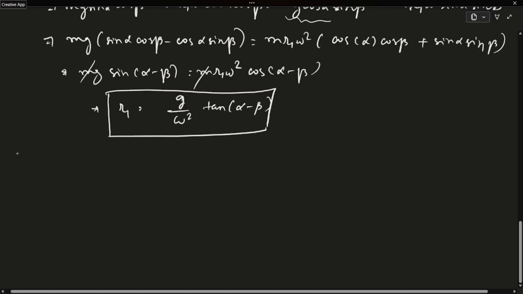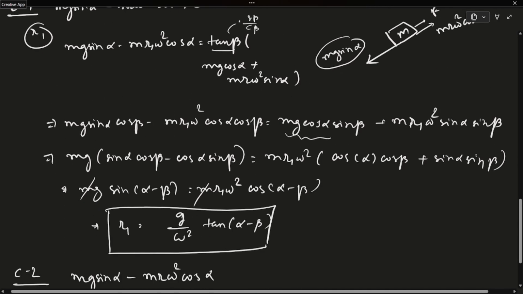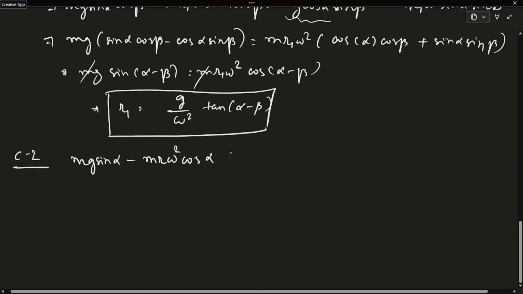Then case 2, where mg sin alpha minus mr omega square cos alpha is less than 0. What does it mean?